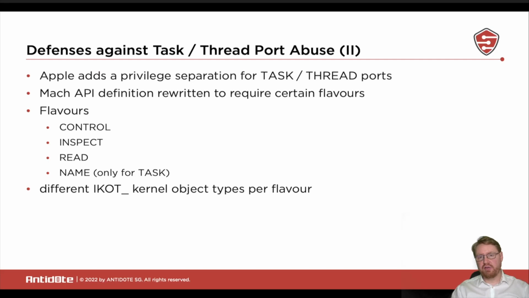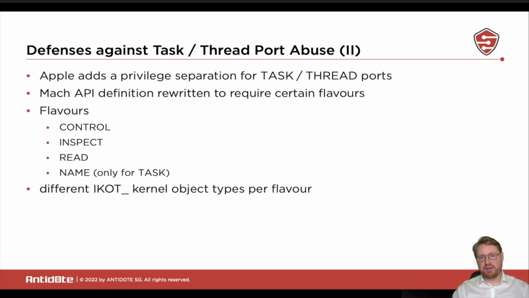The next level of protection that Apple invented is basically that they looked through all the API that uses task and thread ports, and they realized not all of the APIs necessarily need a full privileged task port or a full privileged thread port. And so what they did is they basically created flavors of these task and thread ports.